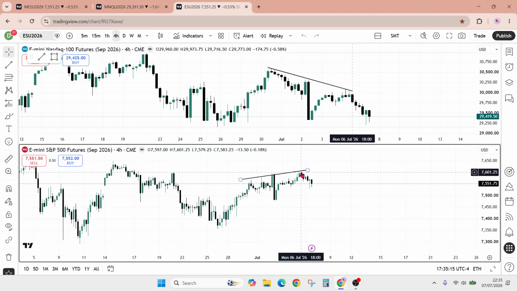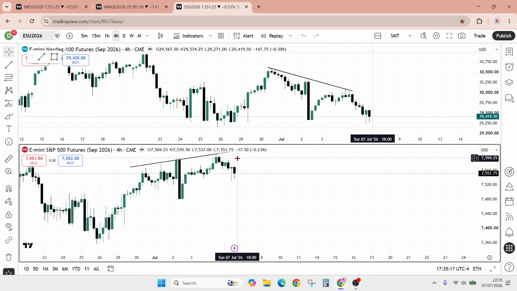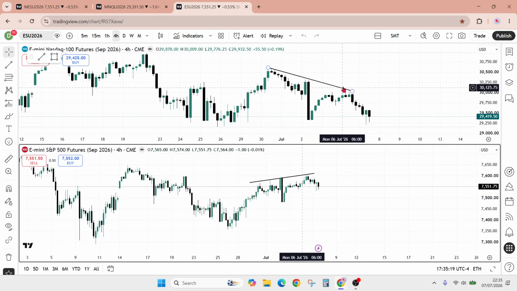How we took all this buy side liquidity and NQ did not take that buy side liquidity, and the way ES took that buy side liquidity very shy, like just took a bit and now starts going down, that is a bearish indicator to me.